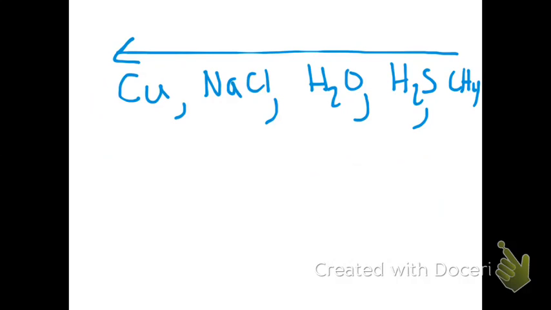Well, first of all, this one is metallic bonding. So copper forming metallic bonds is going to have the highest melting point. Next is sodium chloride because it forms ionic bonds. And ionic bonding is going to be strong, but not quite as strong as metallic bonds. And then the last ones here are molecules.